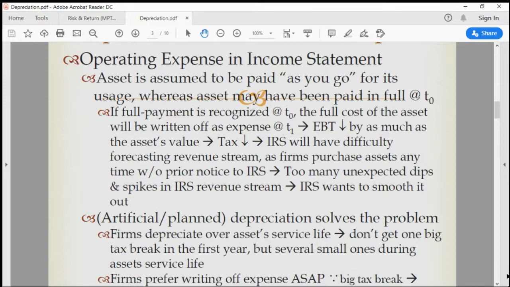And the balance will be paid by the bank. And from there on, you owe the bank the financed amount, right? You make monthly payments.